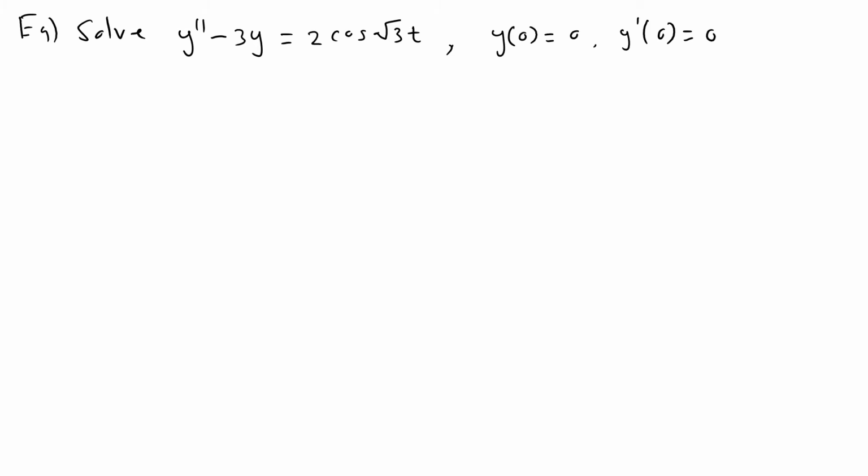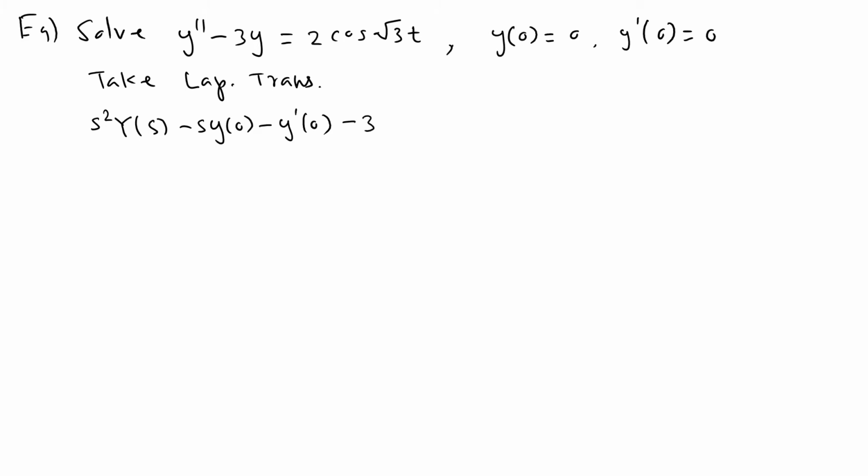So we can do as before, take the Laplace transform of both sides. Once you do that, what's going to happen? This is a second derivative, so it's going to be s squared Y(s) minus s y(0) minus y prime(0), and then minus 3 times Y(s), since this is just y.